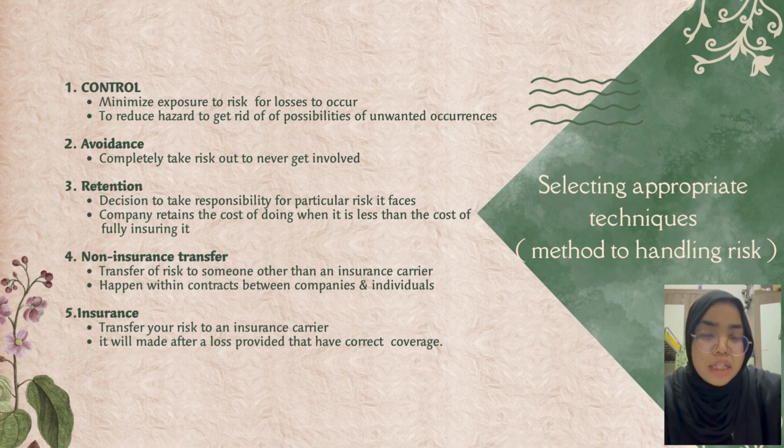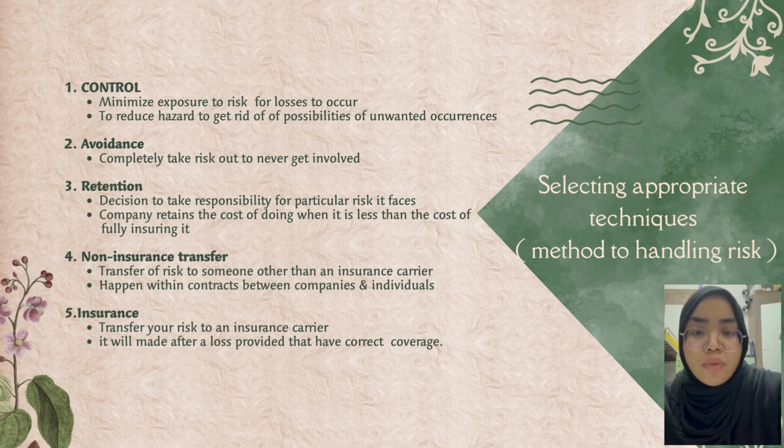Next is avoidance. It completely takes the risk out of the equation, to never get involved in the first place. For the third, retention. It is an individual or organization's decision to take responsibility for a particular risk it faces, as opposed to transferring the risk to an insurance company. Second last, non-insurance transfer.